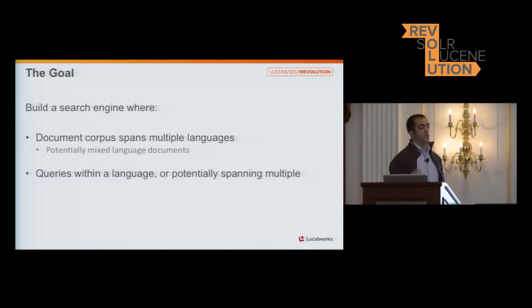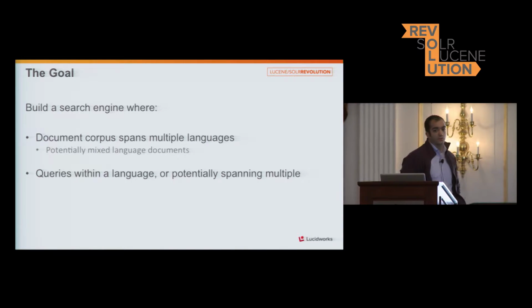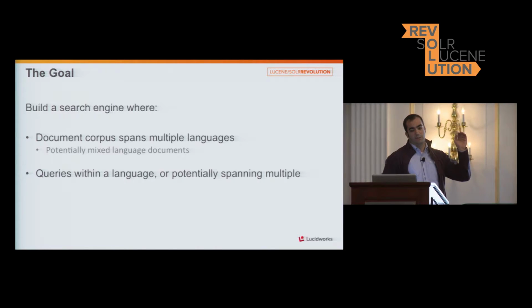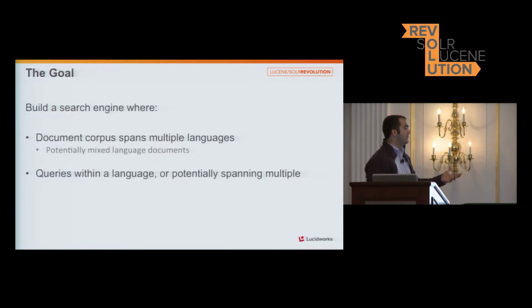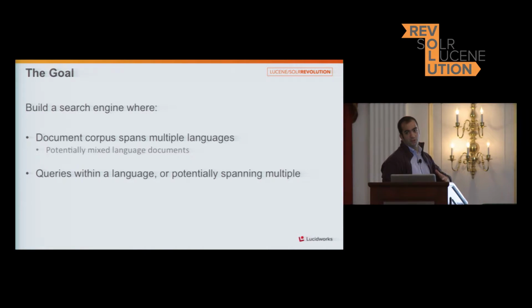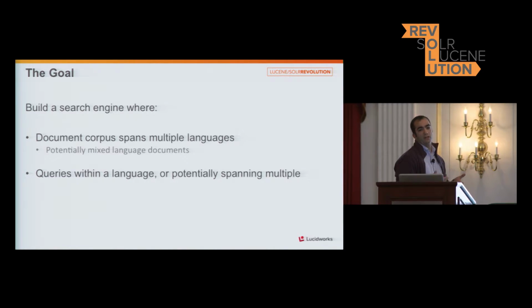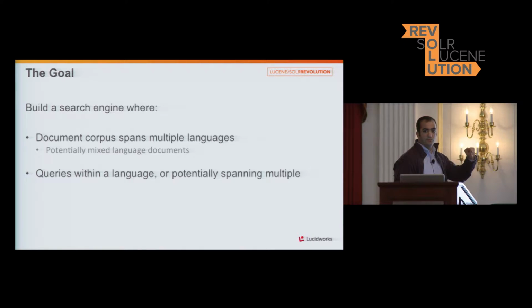If your document corpus is, say, emails, and you have an email that's mostly English, and then the person copies in a little blurb of Spanish, that's an example of a mixed language doc. And then your queries may be within a language, they may span multiple languages, maybe you don't know the language of your query. If you're thinking about multilingual search, you have to think about your application and what applies at query time.